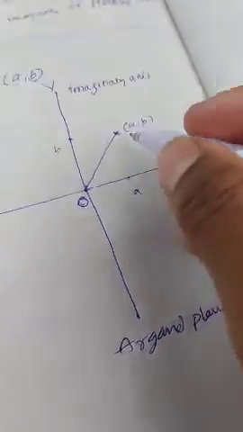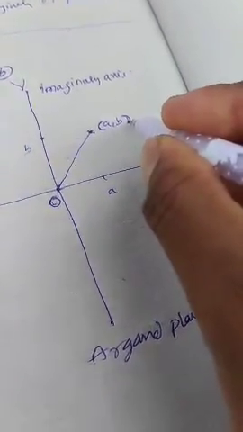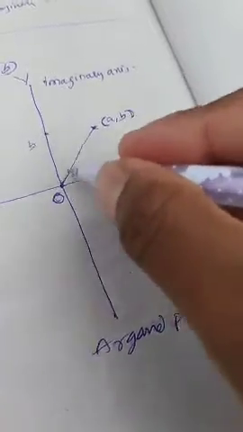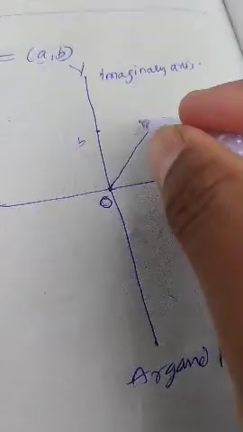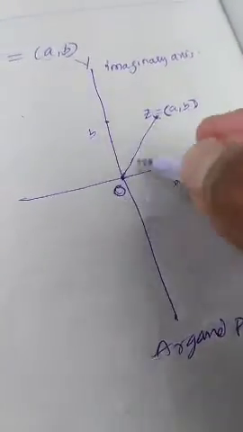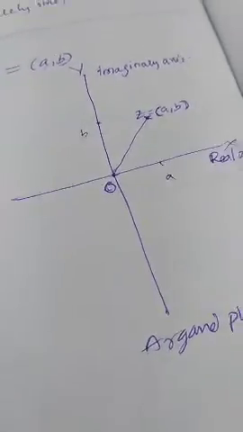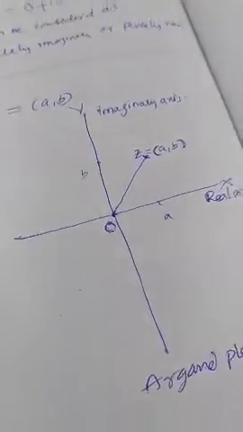Because it is lying on both the axes. Every complex number is denoted by Z, no? So this is Z. So OZ you can represent as a vector in the Argand plane. So every complex number you can represent in the Argand plane.